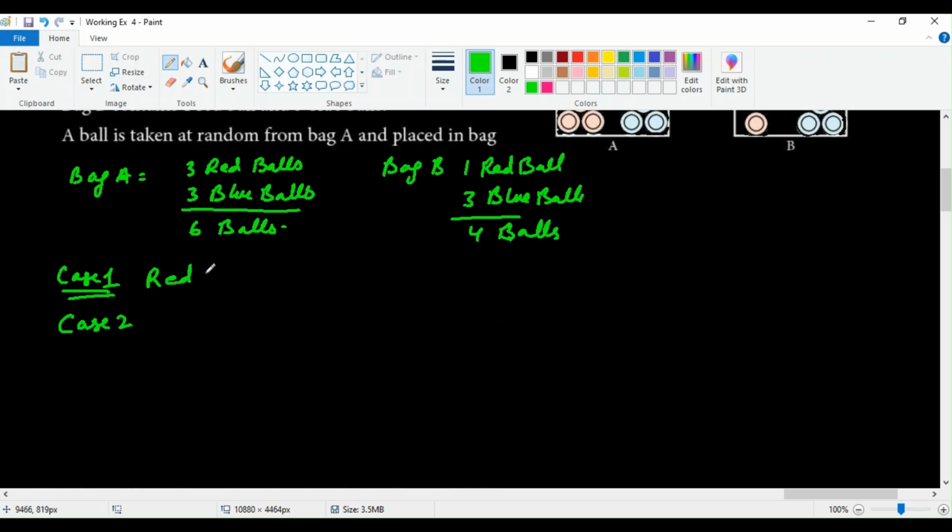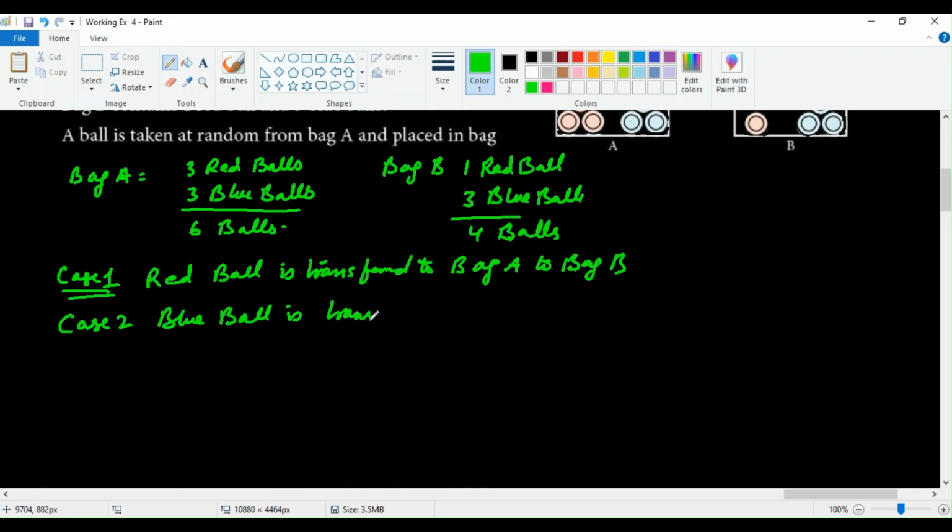In case 1, red ball is transferred from bag A to bag B. Now, in second case, a blue ball is transferred from bag A to bag B. So we are talking about a red ball here and we are talking about a blue ball. So this is the difference between two cases.